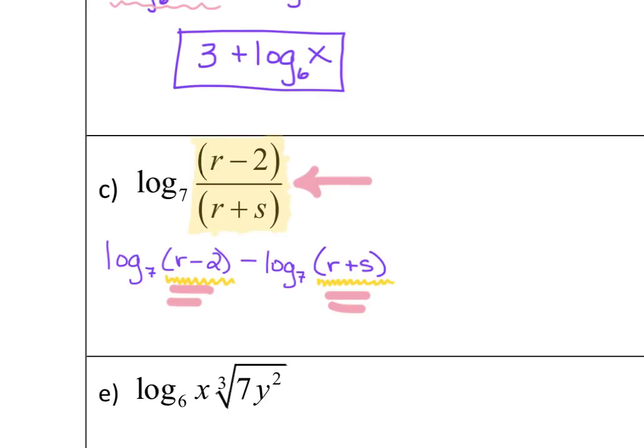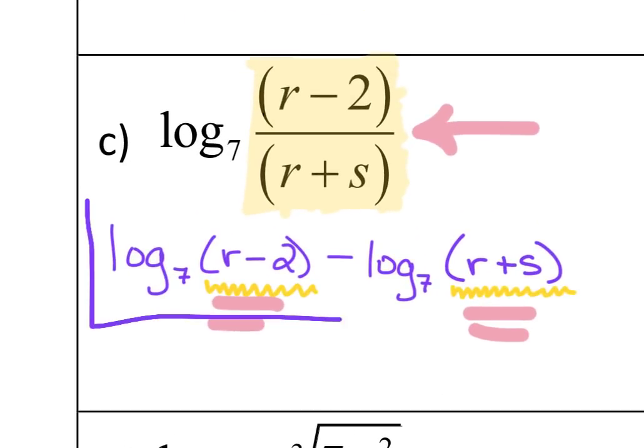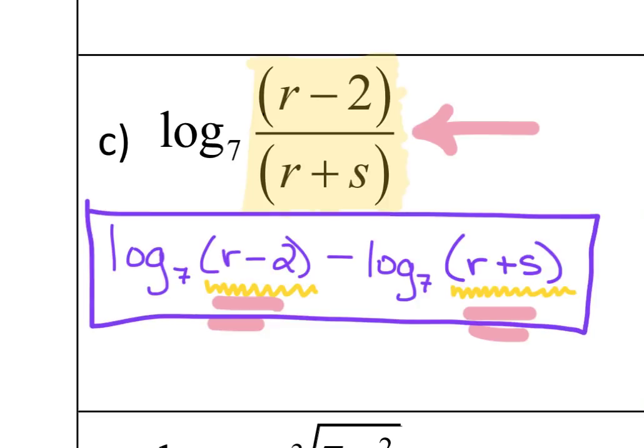We're going to see the same thing in a minute in letter F, but just know that your final answer for letter C is just log base 7 of the numerator minus log base 7 of the denominator, and there's nothing else you can do because the numerator and denominator are each an addition or a subtraction problem.